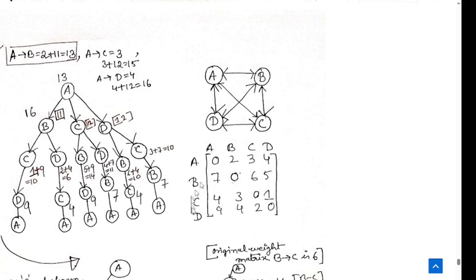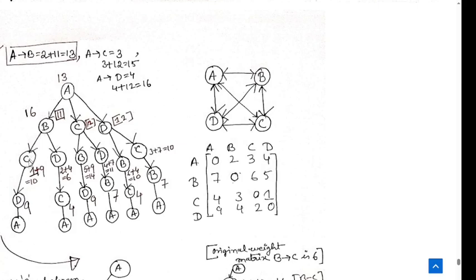But D to C in the weight matrix is given as 2. 2 plus 4 equals 6. So D to C is 6. Similarly, B to D is 14, D to B is 11, and then B to C is 10, and C to B 10 again. Now you have to come to the second level, that is B to C.